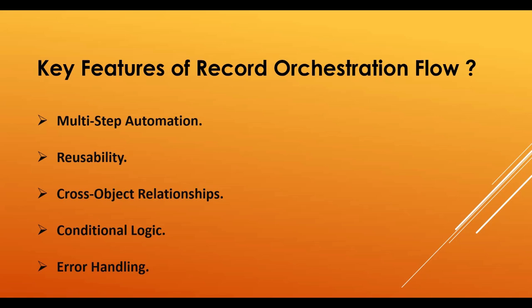The same example which I gave you, we need to take permissions and after that the process begins. It can also help in synchronizing data between custom objects or external systems. It can also be used in handling cascading updates, such as updating child records when a parent record changes. So there are a lot of scenarios, a lot of business requirements for record orchestration flow.